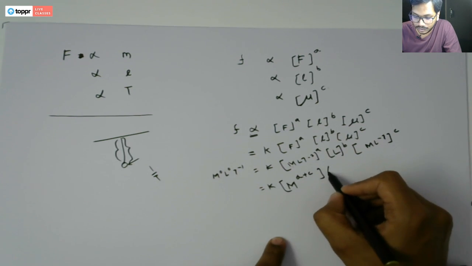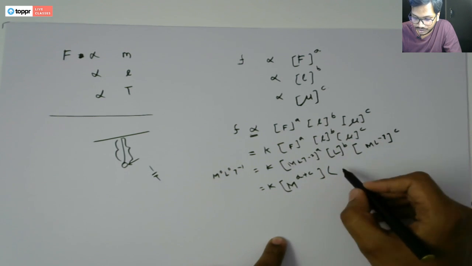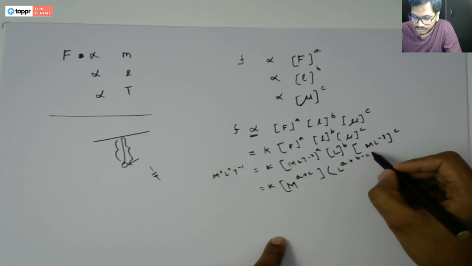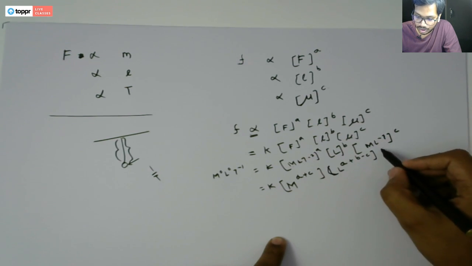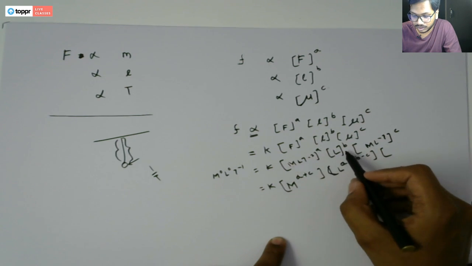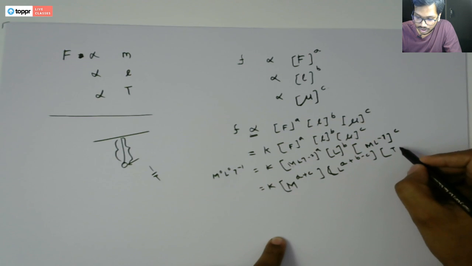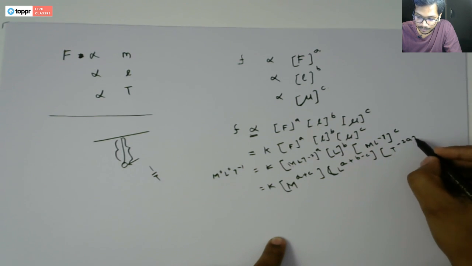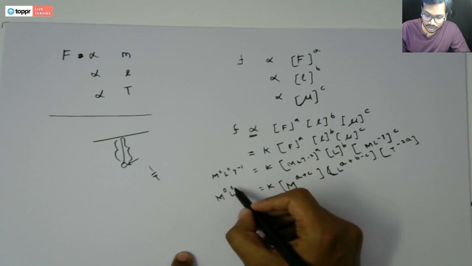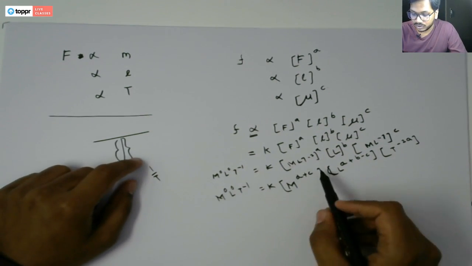Similarly, L raised to a, L raised to b, L raised to minus c, so L raised to a plus b minus c. And T raised to -2a, no T, and no T. So T raised to -2a, which is equal to M raised to 0, L raised to 0, T raised to -1. Now equate the powers on both the sides.